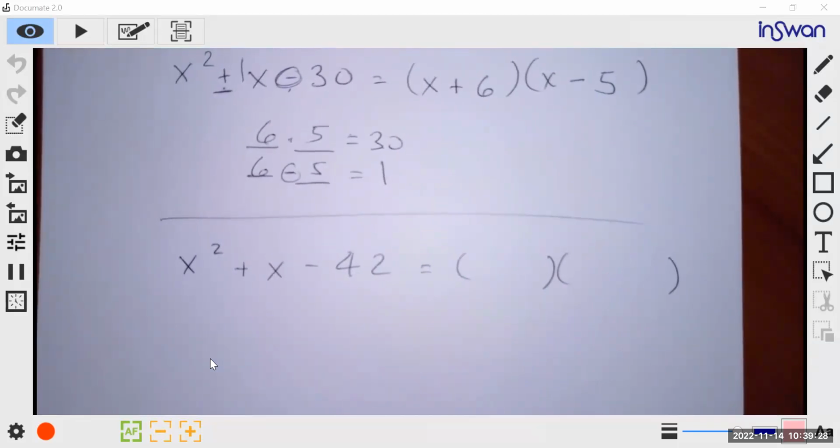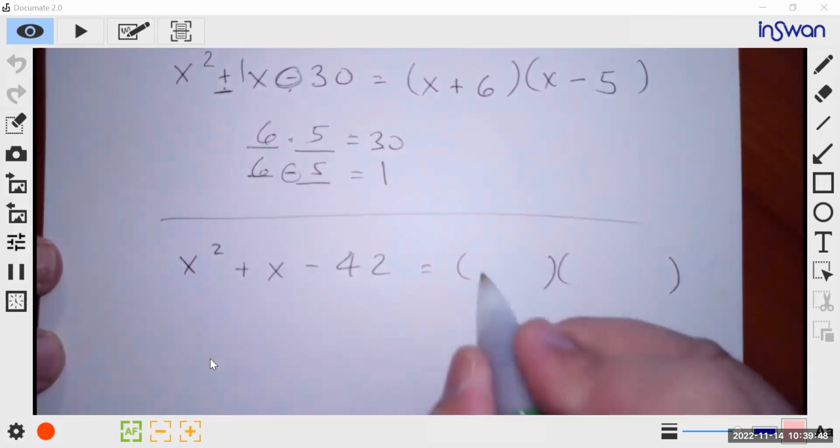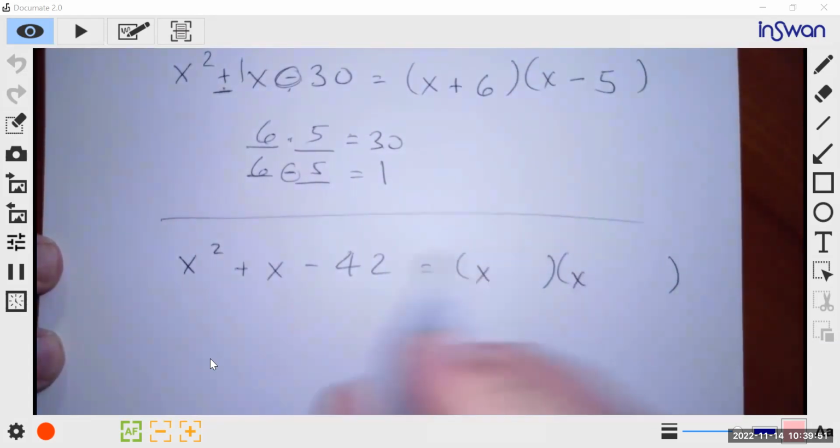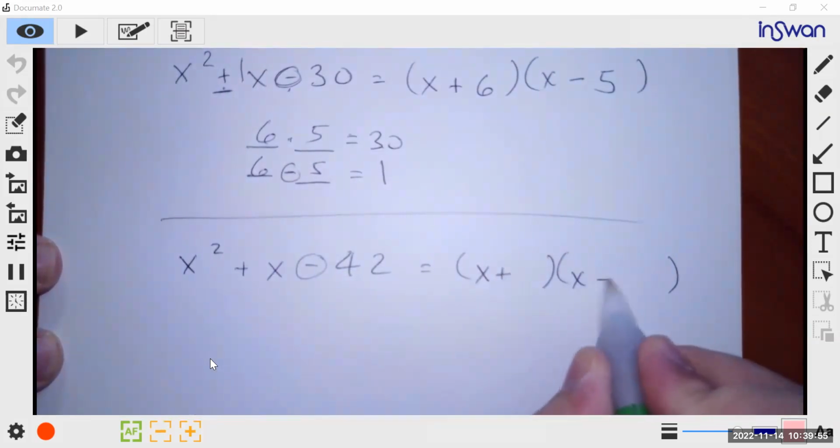Okay, factor that one. So we have x's. The second sign's a minus, so they're opposite signs.